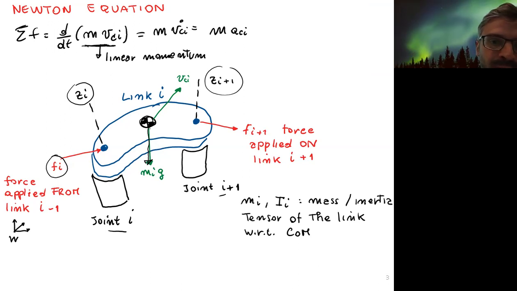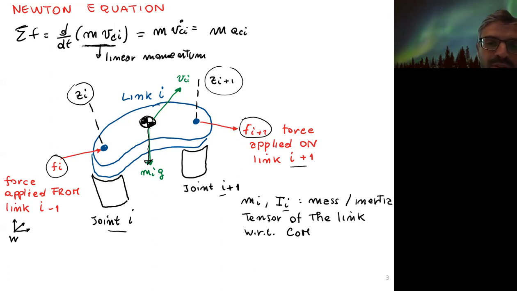And we have Fi plus 1 as the force that the link I applies on the link I plus 1, on the following one. So these are the interactions with the previous and following links in the structure of the robot.